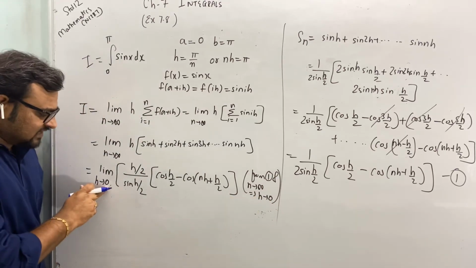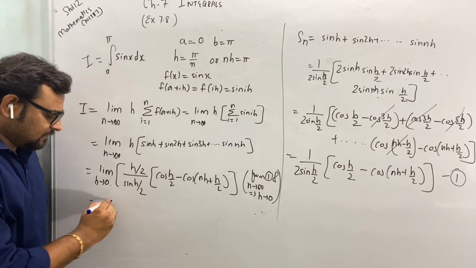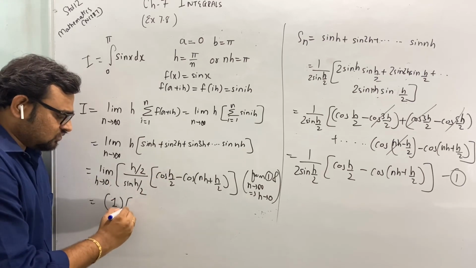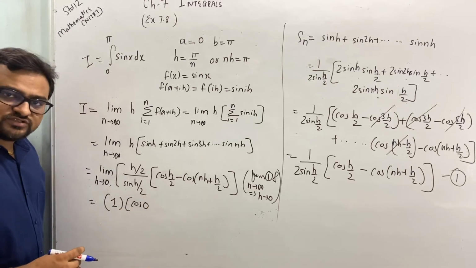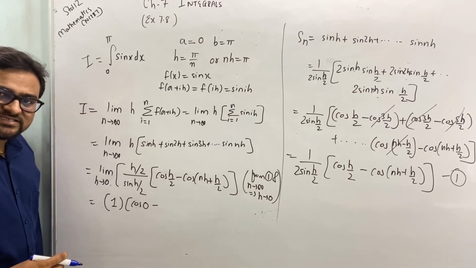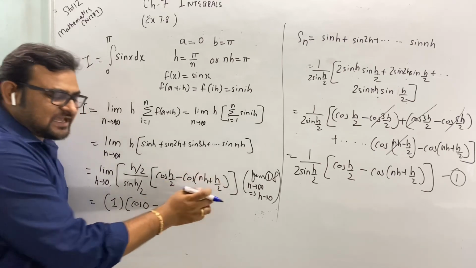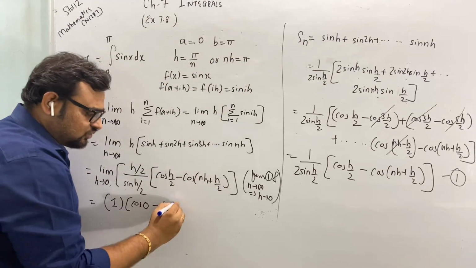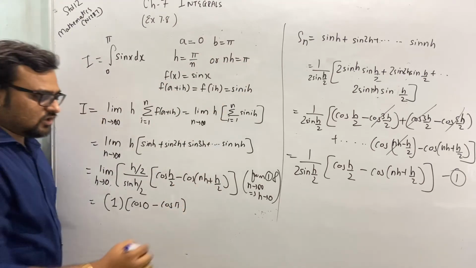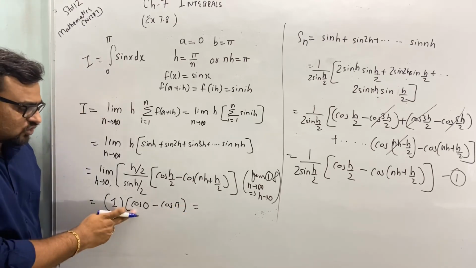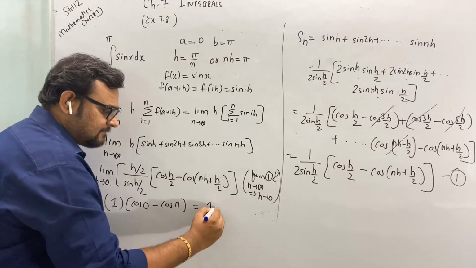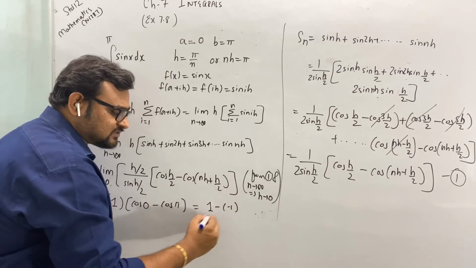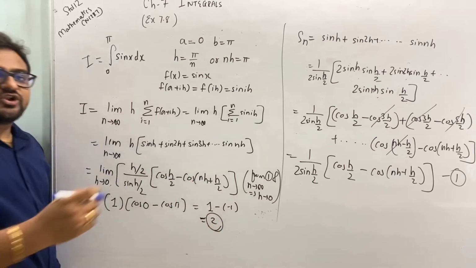So see now, as h tends to 0, sin h by 2 upon h by 2 is 1. Cos h by 2, what is h? 0. So cos 0 minus cos nh plus h by 2. What is nh? Pi. And h is 0, so it's cos pi. What is cos 0? 1, minus cos pi, which is minus 1. So 1 minus minus 1, plus 1, the answer is 2.